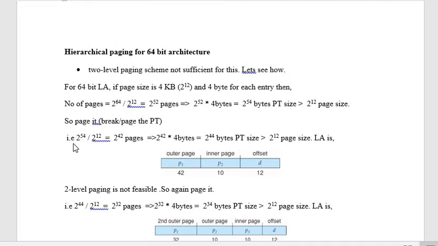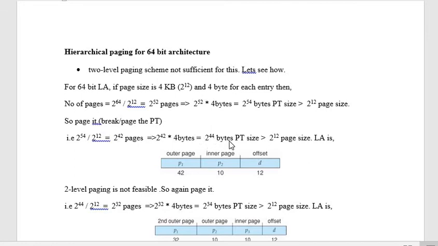When you divide the page table of 2 to the power of 54 by the page size of 2 to the power of 12, that page table itself generates 2 to the power of 42 pages. Now assume again 4 bytes to represent each entry, so that the outer table size is 2 to the power of 44 bytes.